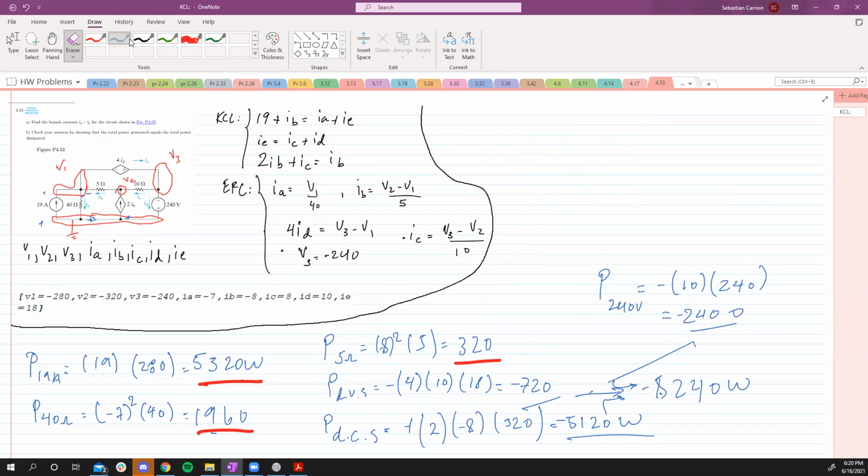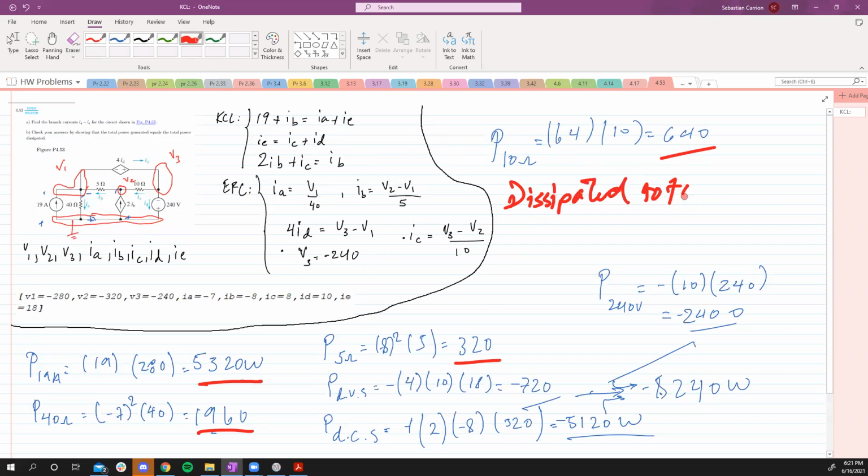The 10 ohm resistor is IC squared, 64 times 10, 640. So plus this dissipated total would be this plus 640.